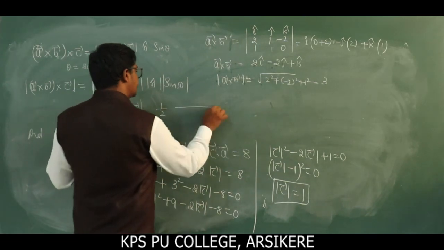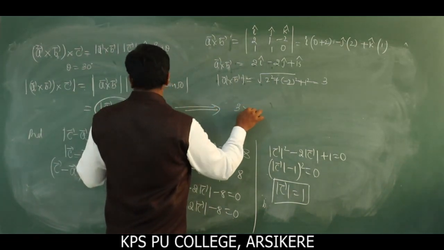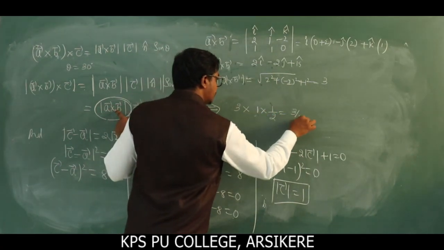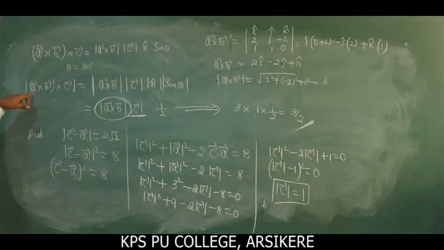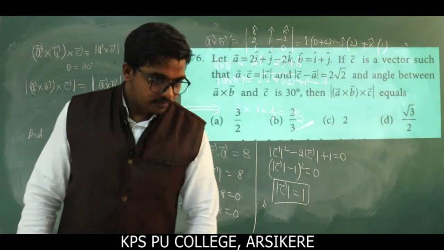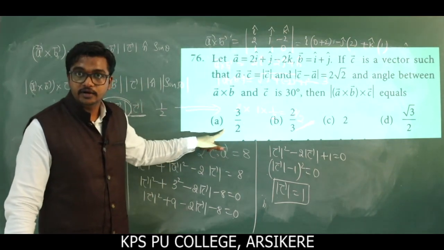Therefore, I'll write directly here, this is 3 into 1 into 1 by 2, that becomes 3 by 2. The final answer is 3 by 2. Therefore magnitude of vector A cross B cross C is equal to 3 divided by 2. Option A is our answer.